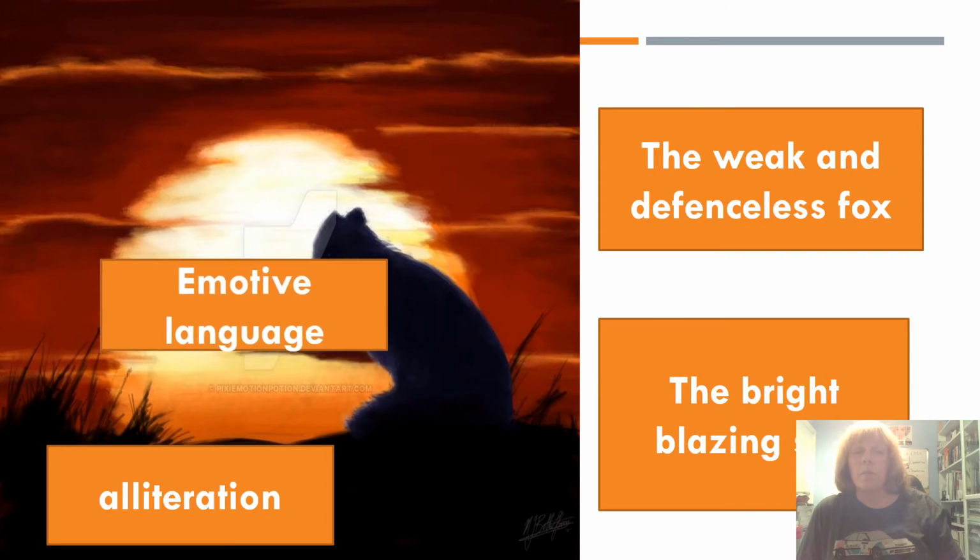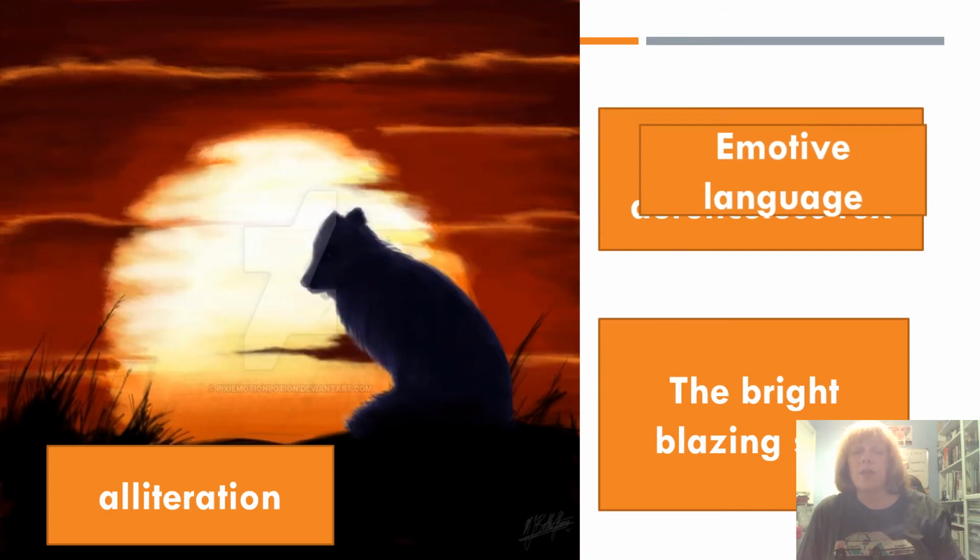Let's have a look. Emotive language, because the word weak and defenceless is suggesting that the fox is a victim. And that brings with it emotion. That might be the emotion of sympathy or sadness. So we use the phrase emotive language.